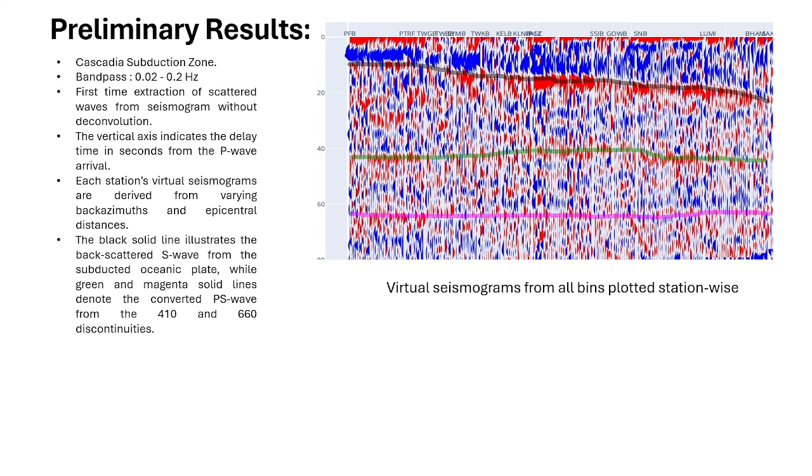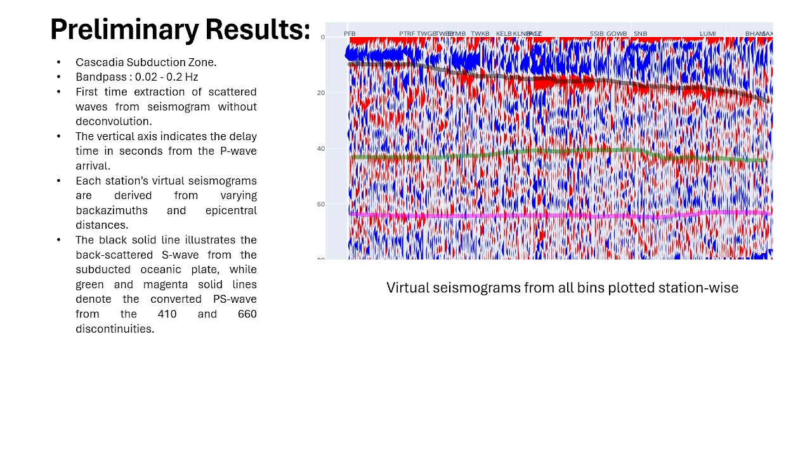We have applied this method to real data at the Cascadia subduction zone. In the plot, we can see the virtual seismograms across all the stations.